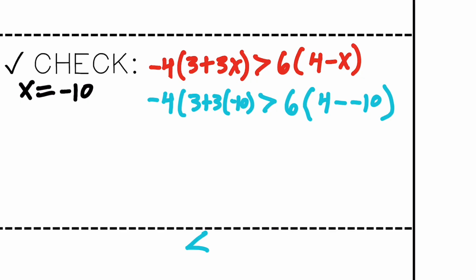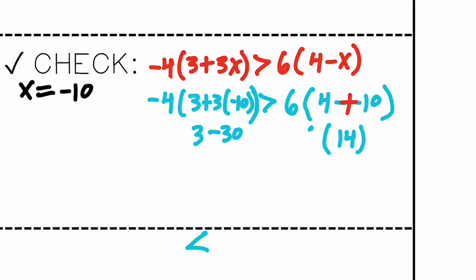I think I forgot a parenthesis over here. Okay, all right, let's take a look at this. So let's work inside first. So 3 times negative 10 is going to be 3 minus 30. Over here, 4 minus negative 10 is going to turn into 4 plus 10, which gives me 14.